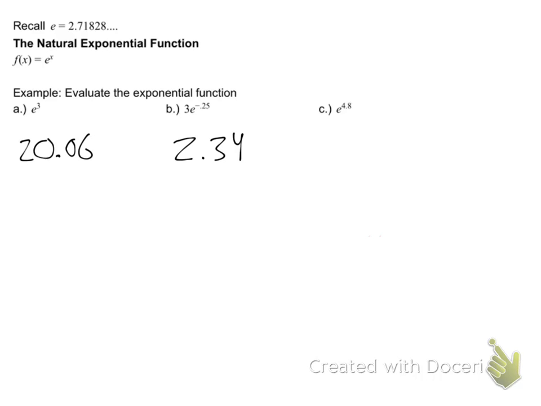If you're using the old standard gray box or the computer to do this, you may have to do e to the negative 0.25 first, and then multiply it by 3. If you put 3 times e to the negative 0.25, your calculator just did 3 times e, and then took it to the negative 0.25 power. So, let's reevaluate this. Try everybody doing e to the negative 0.25 power, enter, multiply that by 3.